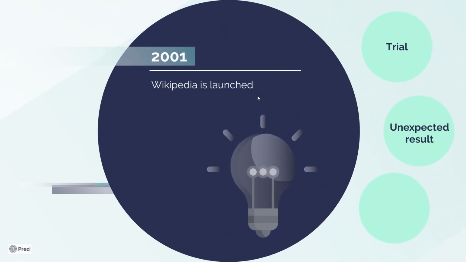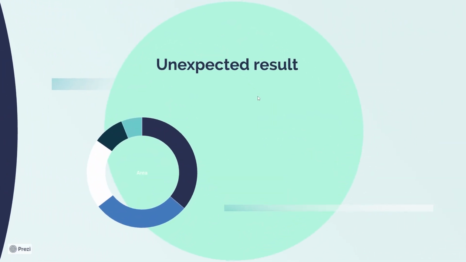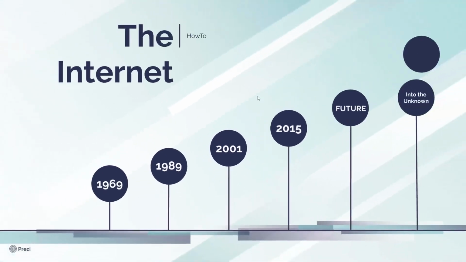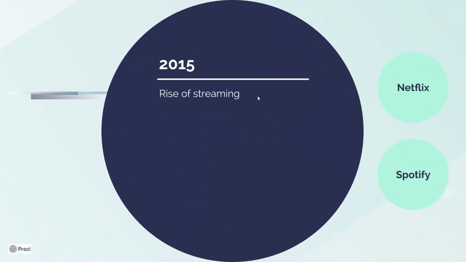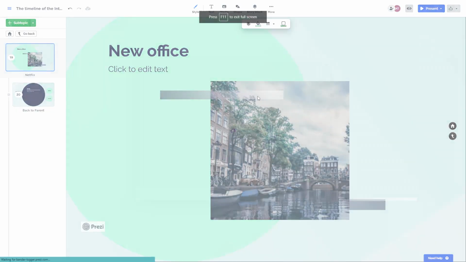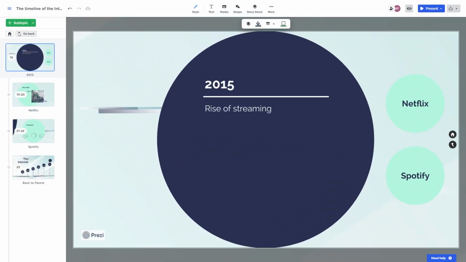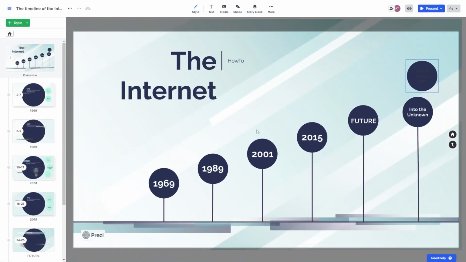So what happened? Wikipedia is launched. We have all of these, so we can just leave these out. And then 2015. So you have an idea of what is happening right here, and you've managed to create your entire Prezi presentation right there.